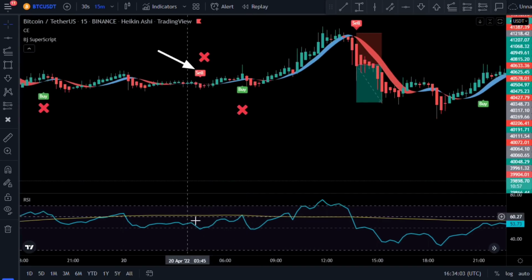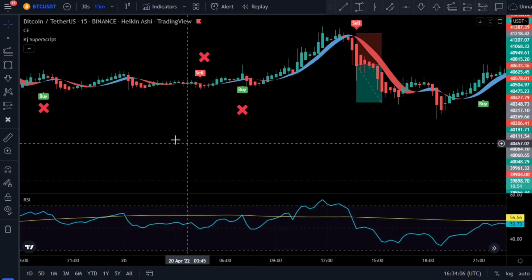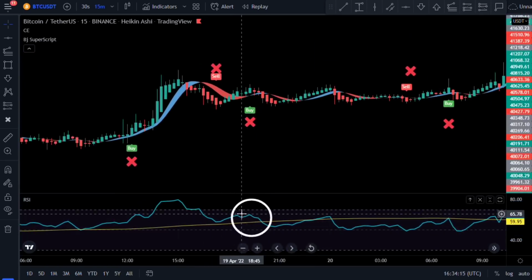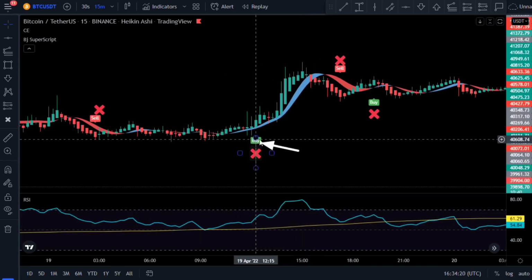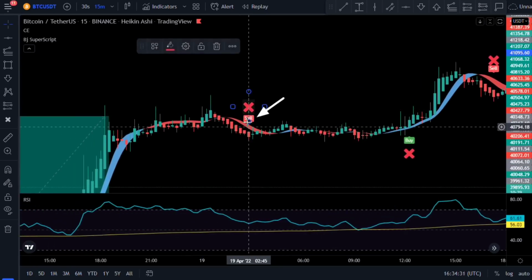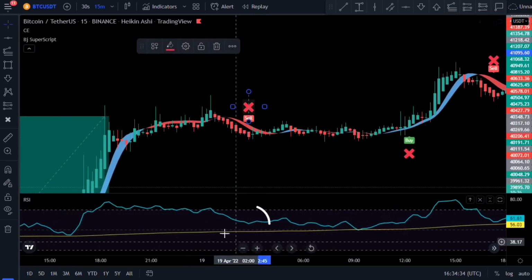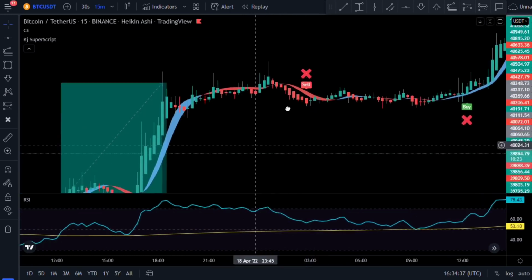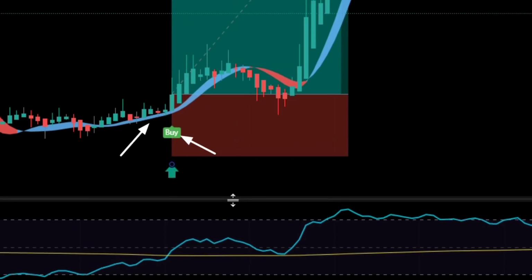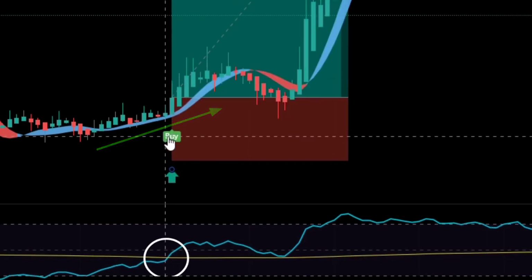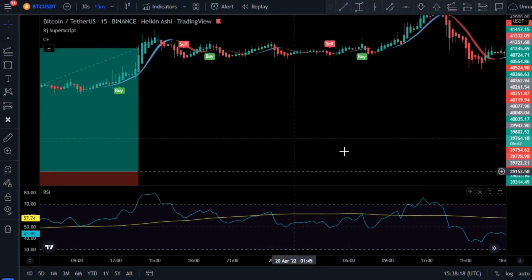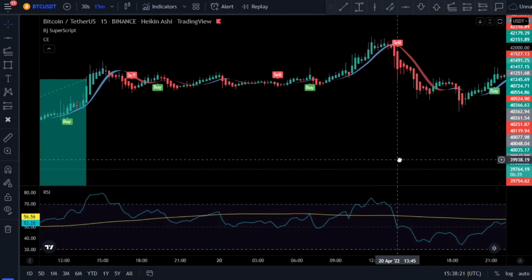If we opened a sell position here, we would lose 100%. See some examples of false signal inhibition from the new RSI indicator.